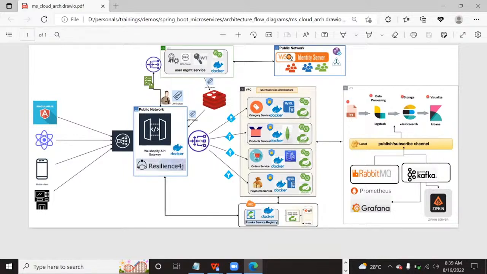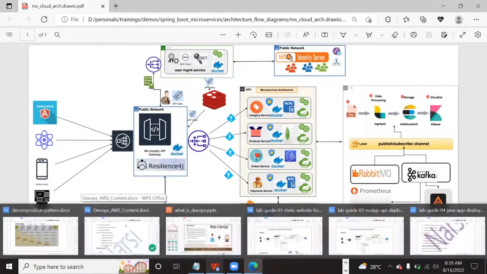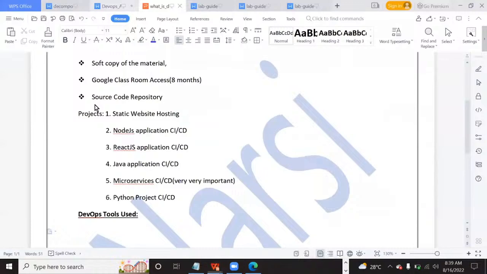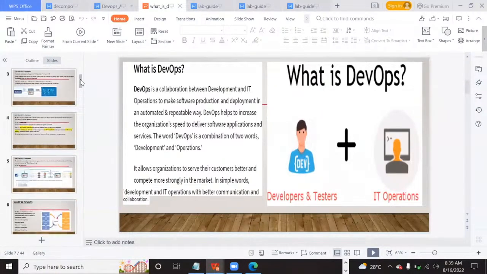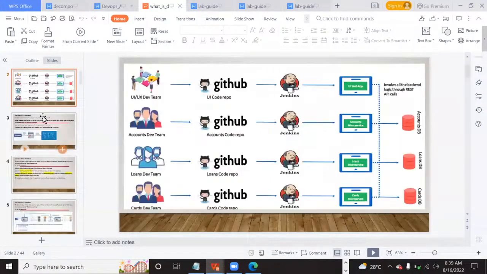Load balancers are there to manage the load among them. Security and IAM are there. This is the microservices architecture where we will finally deploy. Each and every microservice will be automated using the CI/CD process.